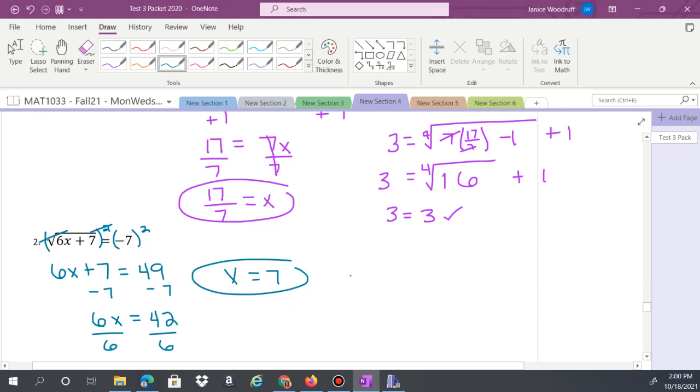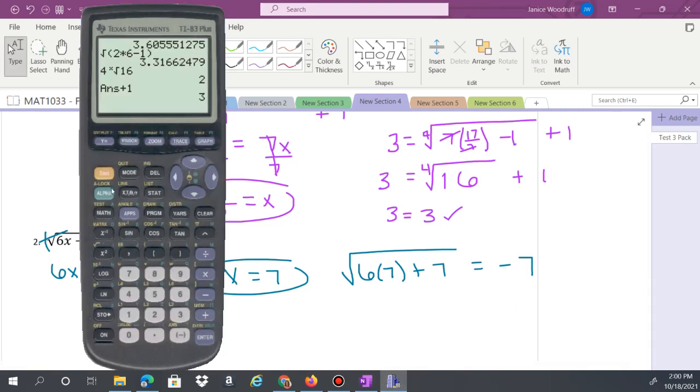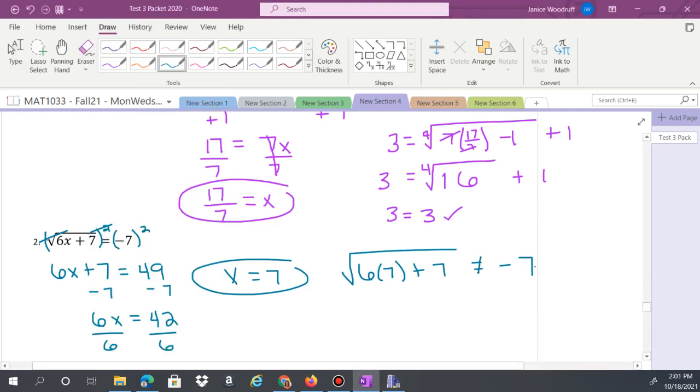Okay, let's go ahead and plug that back in. 6 times 7 plus 7, and we got that negative on the outside. That's not going to work. Let's check it. Square root of 6 times 7 plus 7 is positive 7. So this one is extraneous. This does not equal negative 7.